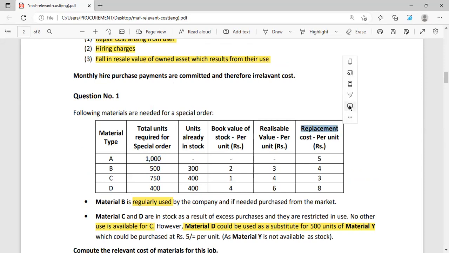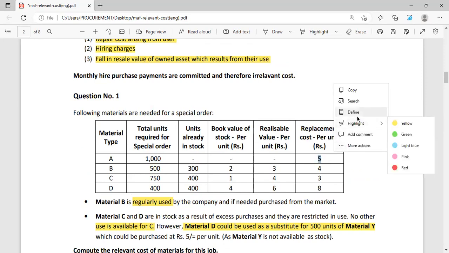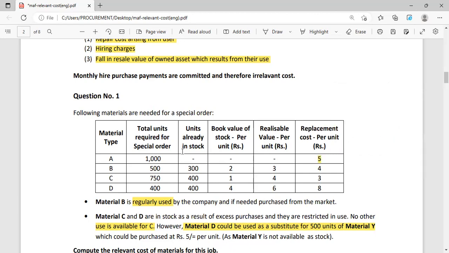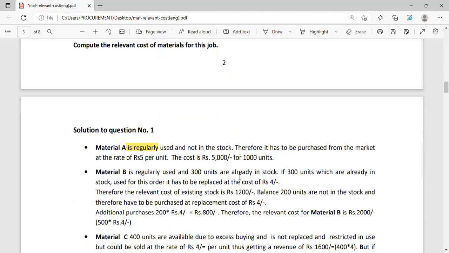You can replace it for 5 naira, multiplied by the 1,000 units you will need. Either way, you will still need to replace it with that particular figure. So that is for material A: 5 times 1,000 units gives us 5,000 naira as the cost.